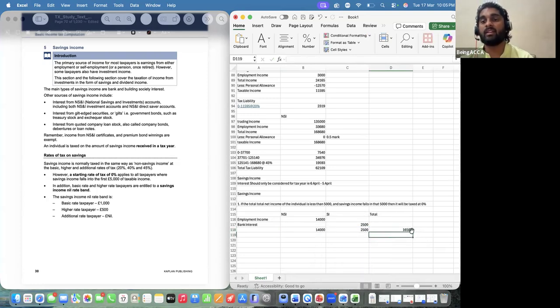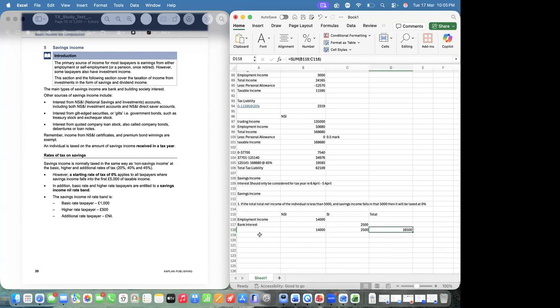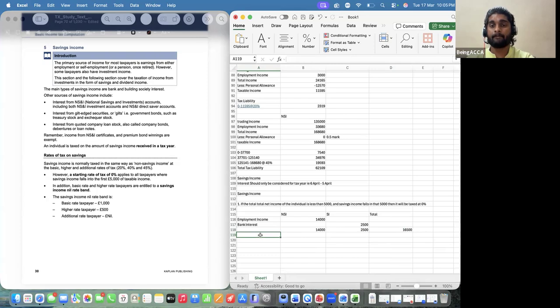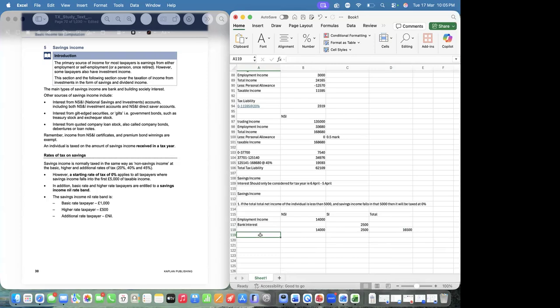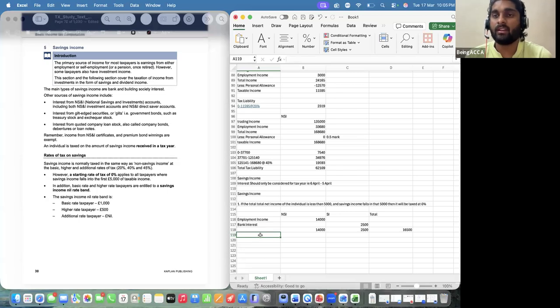From these, what should we reduce now? Tax reliefs. We do not have any. Let's assume we do not have any tax reliefs.